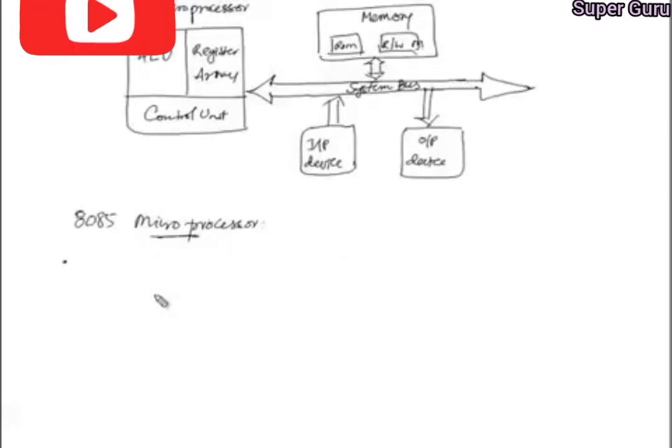So what are the main features of this? We'll see. It is a 40 pin IC. It requires a single plus 5 volts power supply. The address bus width of the 8085 is 16 bit.